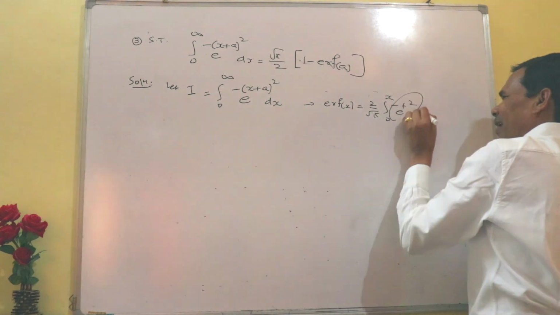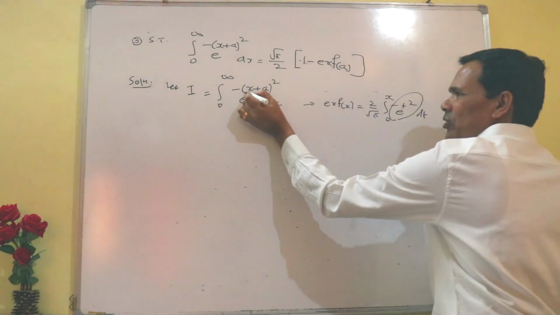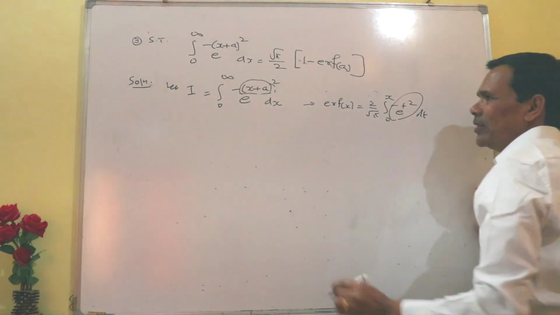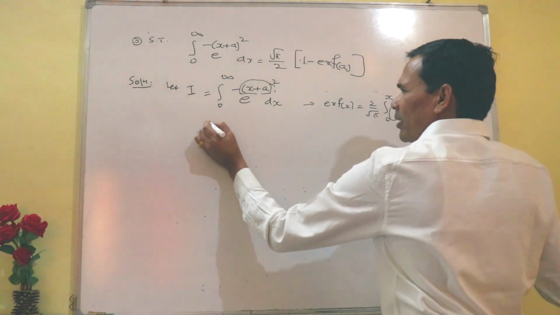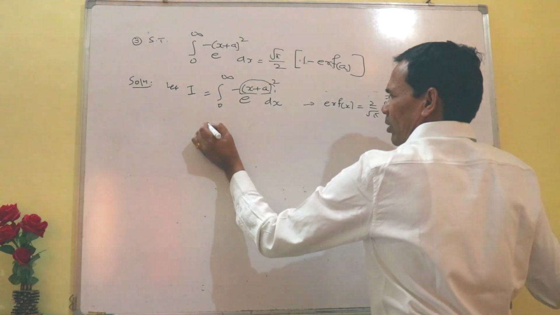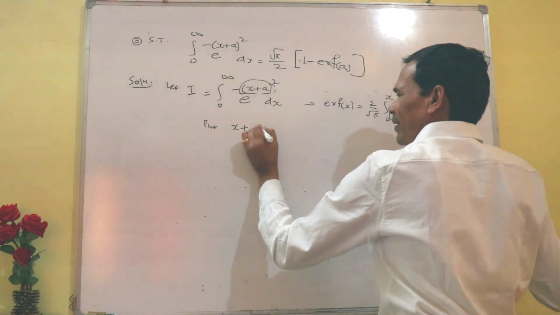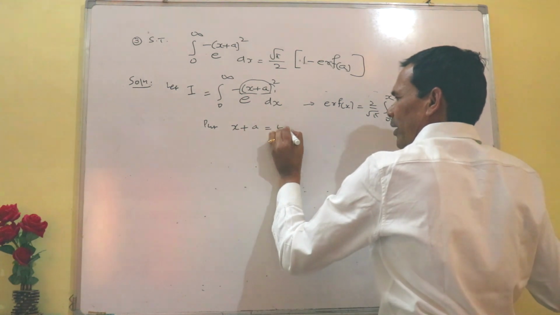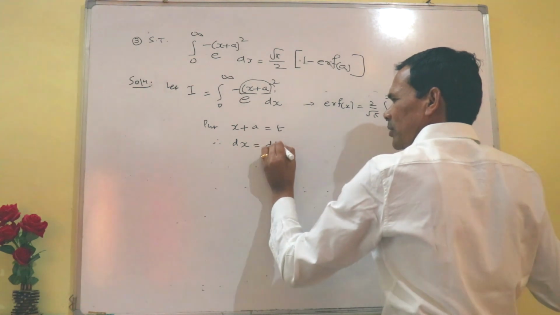So this is the kernel driving function. I must get this driving function here by putting x plus a equal to t. That is the technique used to choose the substitution. So I put x plus a equal to t, therefore dx is equal to dt.